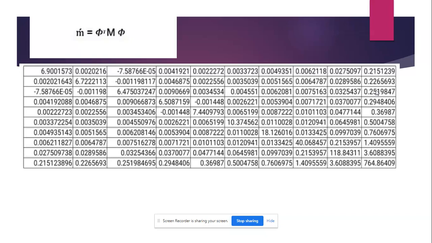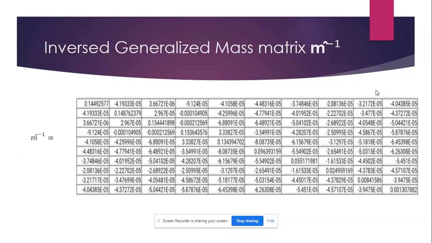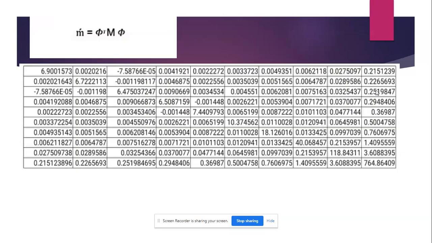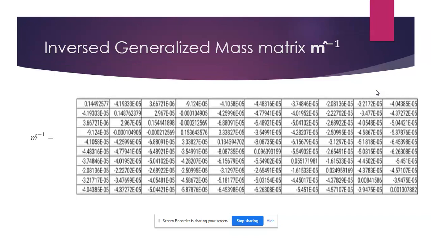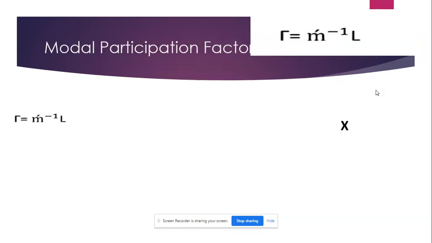Since we already have the coefficient vector, we now proceed to M hat. This is the value we get, and using Excel, just multiply it and you will arrive at these corresponding values. Then the inverse generalized mass matrix: you can invert M hat in Excel by typing inverse and selecting the matrix you want to invert.